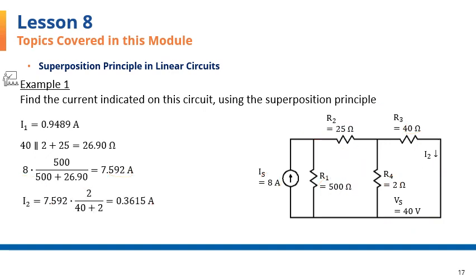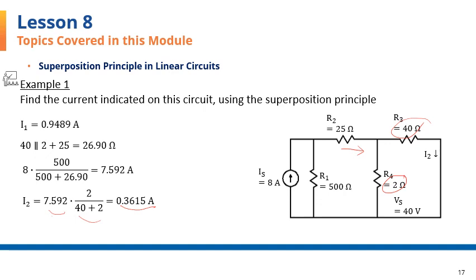So again, we take the current through here, 7.592, multiply it by the fraction with a numerator of 2 and denominator of sum of the 40 and the 2.